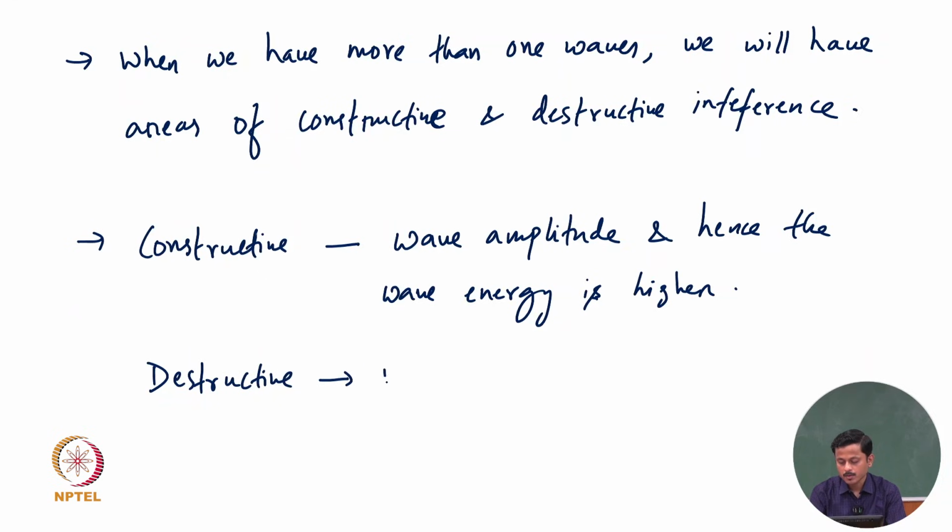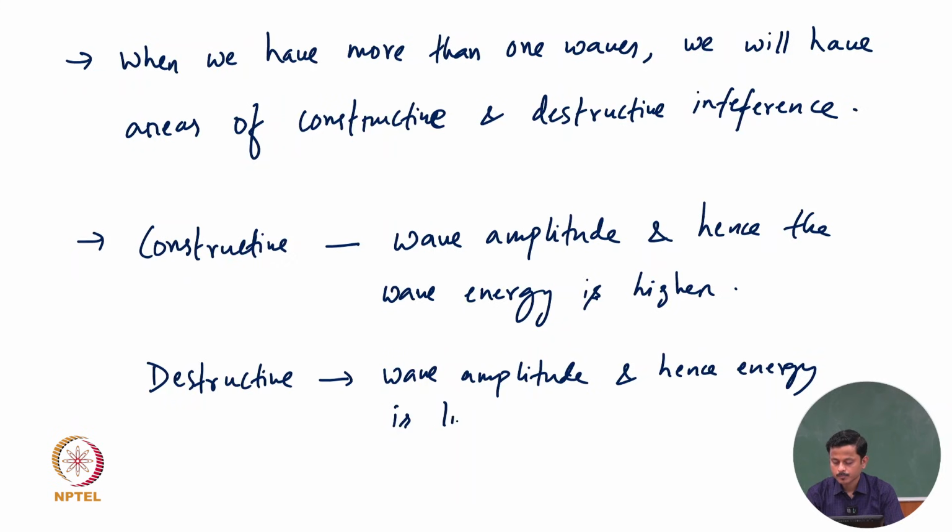So the energy distribution due to the combination of these two waves is a property of the interference, the degree of constructive and destructive interference.